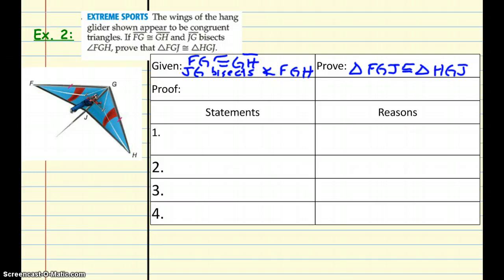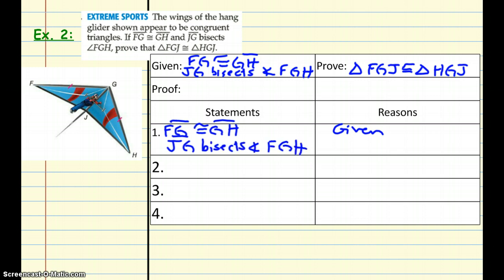All right, the first thing we know that's given, there's two things. We know that FG is congruent to GH, and we know that JG bisects angle FGH. So those two things are given.